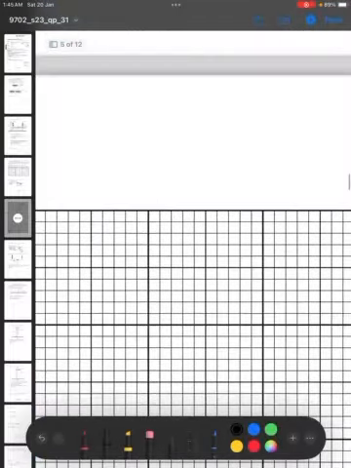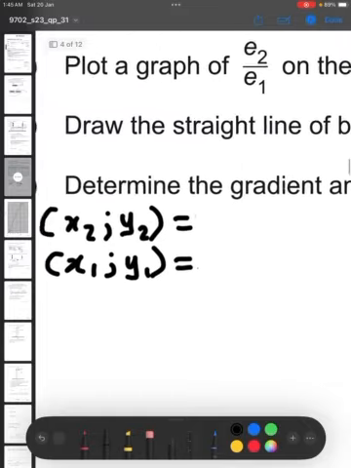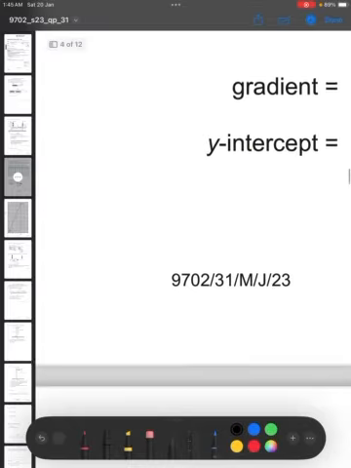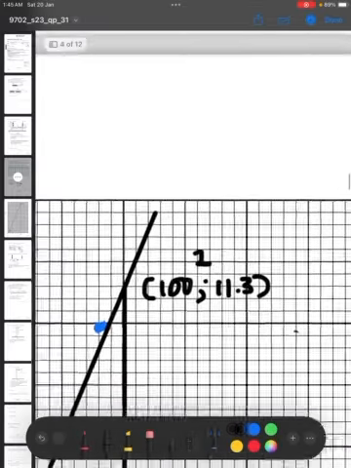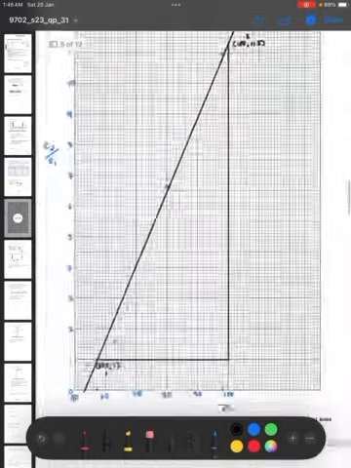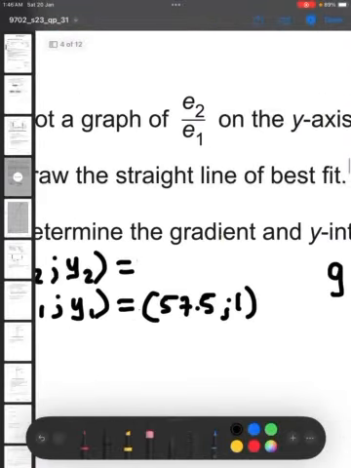So where we are going to look for the gradient, coordinate 1 is 57.5 and 1, whereas coordinate 2 is 111.3. Okay.